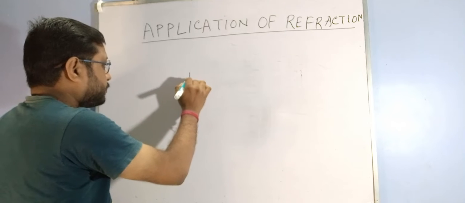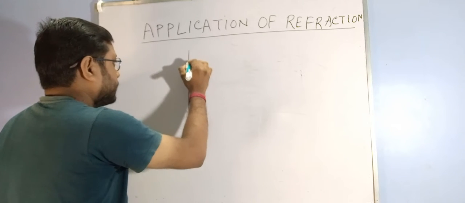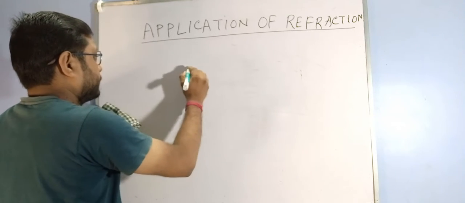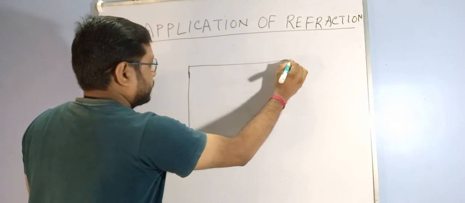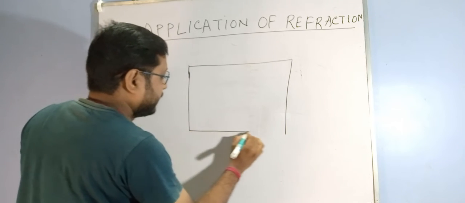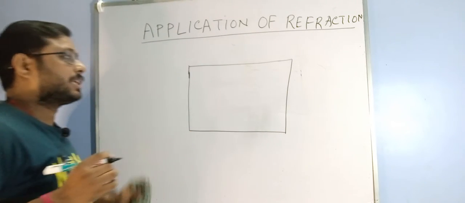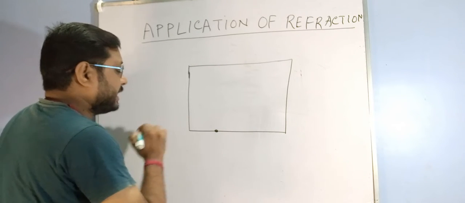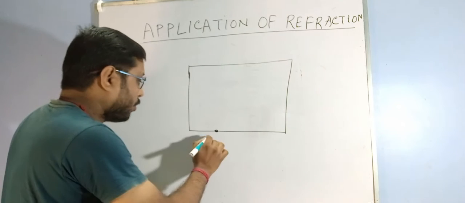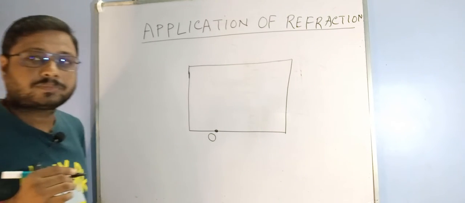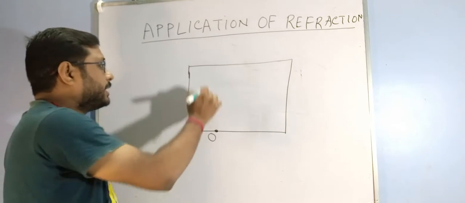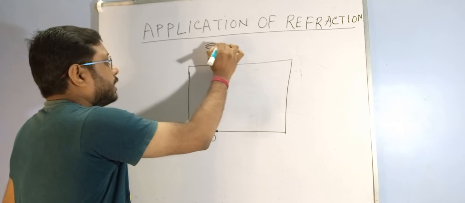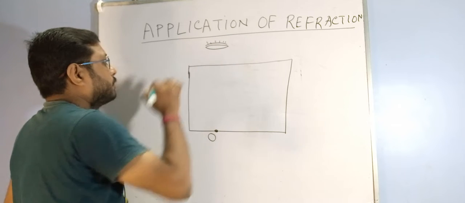Suppose ये एक वाटर फील्ड टैंक है. This is a water filled tank and a point object is placed at a point O, and I am looking at it from the top.